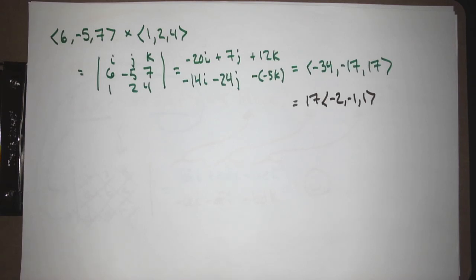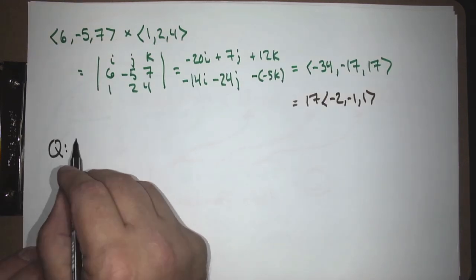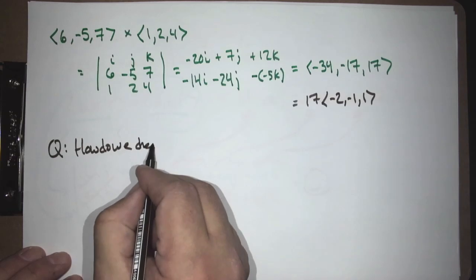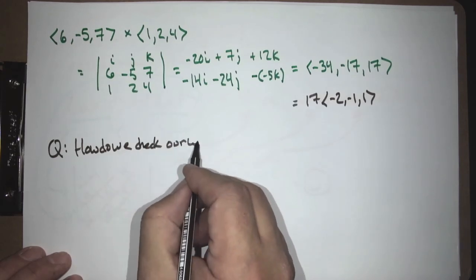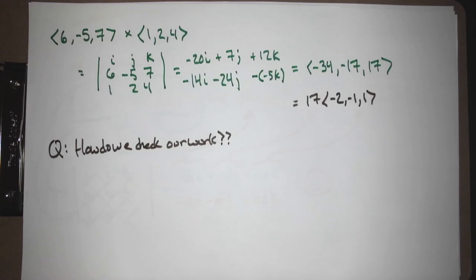All right, now, quick question. How do we check our work? Because we like points. We want to get all the points. How can we check to see if our cross product is done correctly?